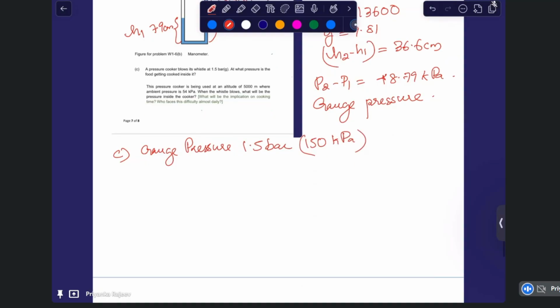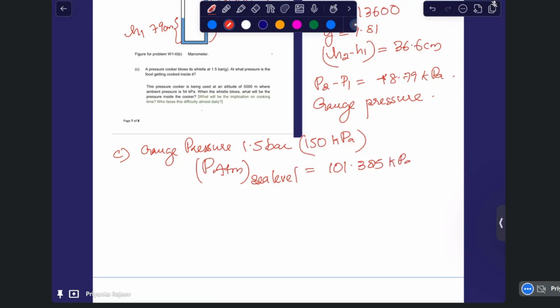Then for absolute pressure at sea level, we have to take atmospheric pressure at sea level, P atm, equal to 101.325 kilopascal, that is a standard value.